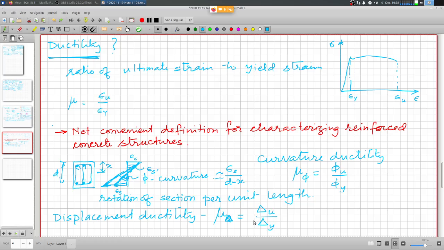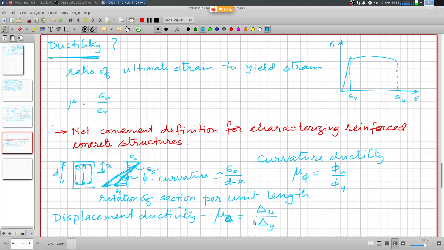But when we use it in the structural context, it is not the member level ductility that is available, or even useful. We have to ensure that the entire structure, which is an assembly of individual elements, as a whole should be able to achieve or give us ductile behavior.